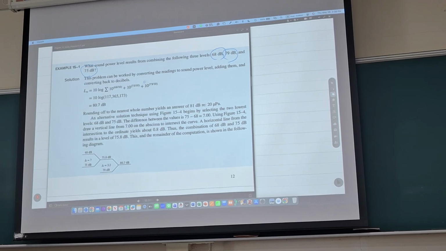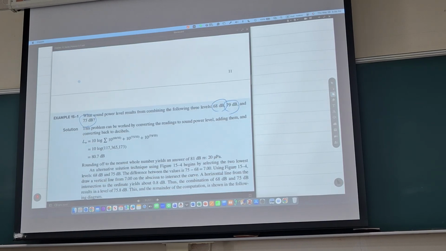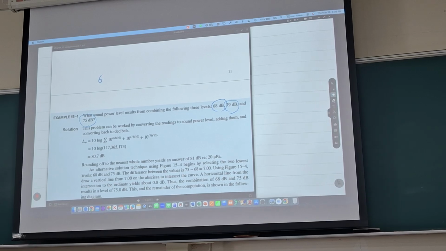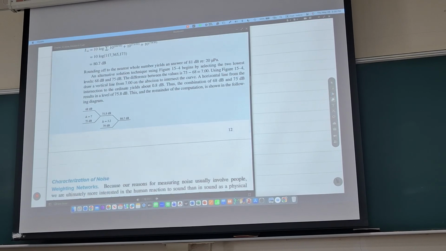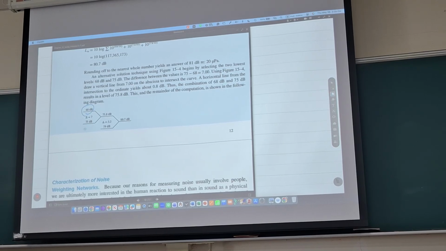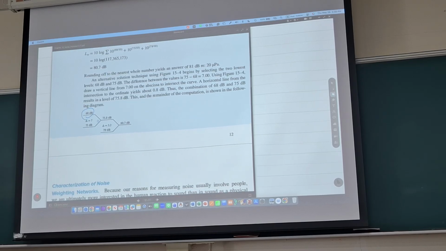You can use this graph. If we don't use the formula, can we use the graph to find out? So all the students, please take a look here.